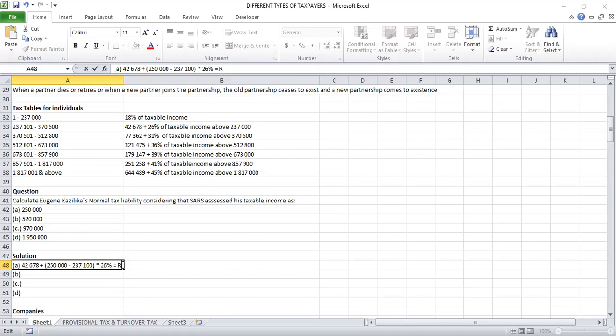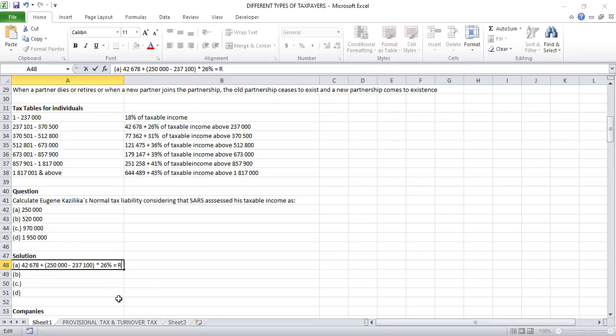Let's try to use our calculators first. Can you please help us, guys, so that we can be faster?